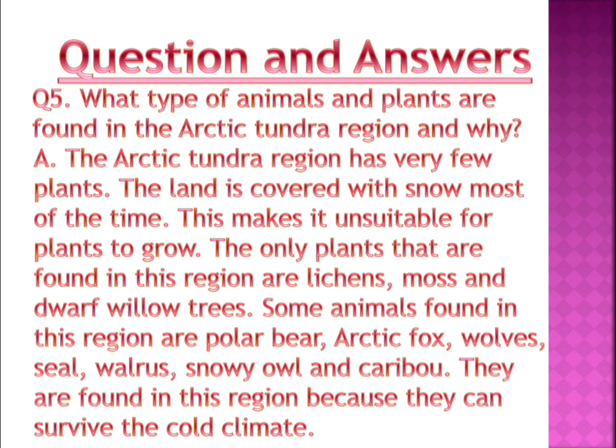We also see only few animals like polar bears, Arctic foxes, wolves, seals, walrus, etc. Why? Because they can survive in that cold climate. They have thick fur on their body which protects them from the cold climatic condition. Write this answer in your classwork and please learn it, children.